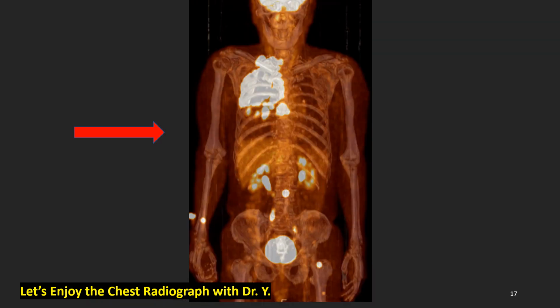Yes, finally, this single image, summated tomographic data of hot uptake and the anatomy, is on this MIP PET-CT image. These are the benefits of a PET-CT fusion image in diagnosis.